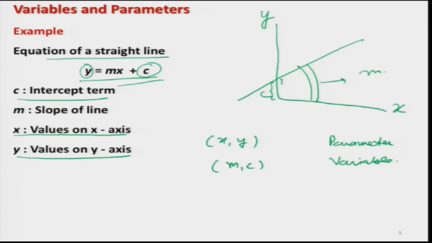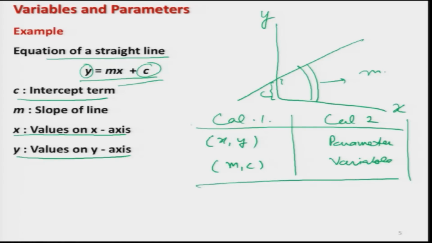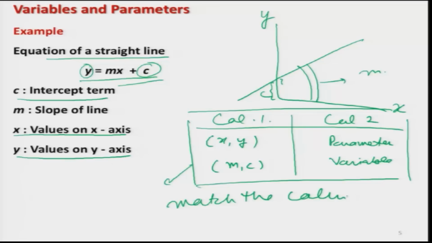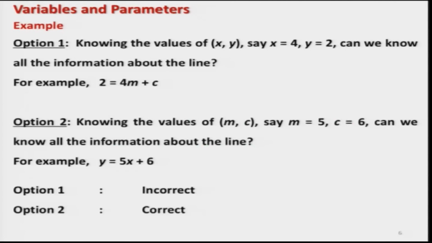Now, I can give you a simple query that please match these two columns, column 1 and column 2. That is the simple type of question that you have solved, match the columns. So, now let us try to understand through an example how you can do it.